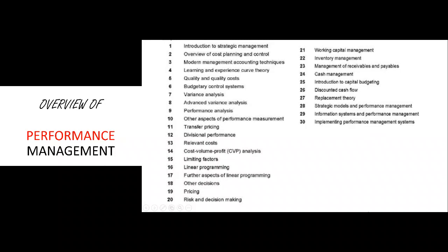Then we move on to management of receivables and payables. Of course, every accountant must know how to manage receivables and payables, and any business-oriented person should be able to manage them. Then in chapter 24, we'll be talking about cash management.